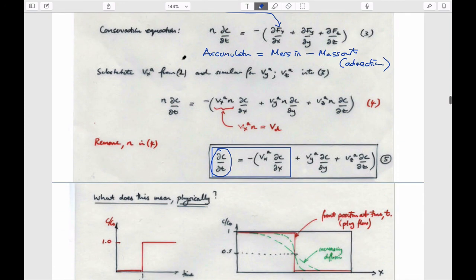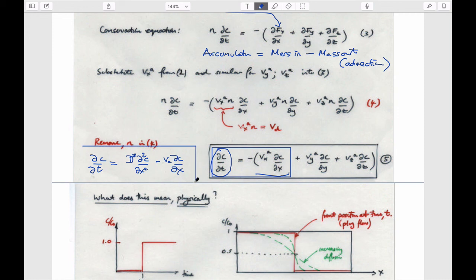If we do that, then we end up with actually the one equation that we'll really use in this class, which is this: D star, second order concentration with length, d2c/dx2, minus advective velocity, dc/dx. So you'll see this term here. And this will be the expression that we use.